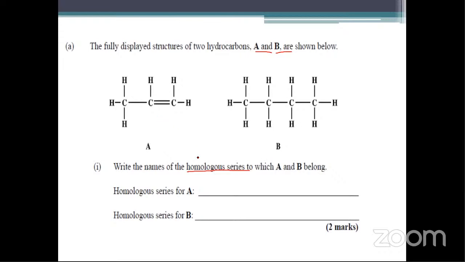Could it be propene? No, it's not asking you for the name of the compound. It's asking you which homologous series it is from. You would lose the marks if you write the name of the compound. It's asking you which group it is from. Alkene? From the homologous series of alkenes. Very good.